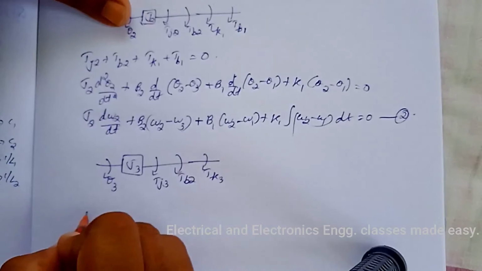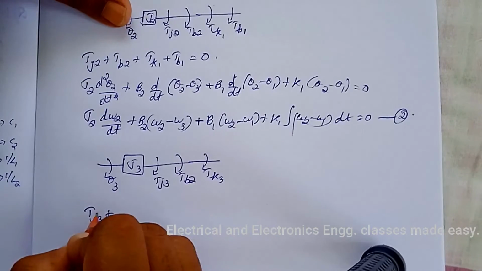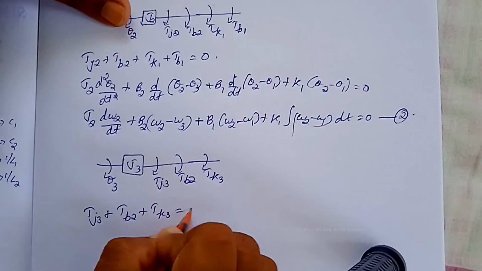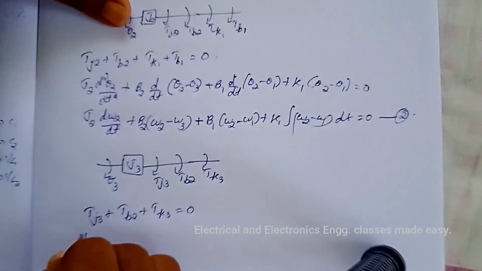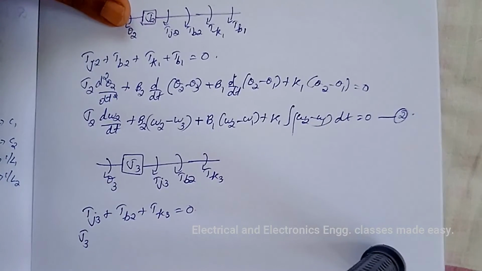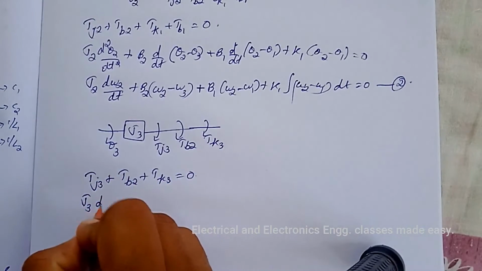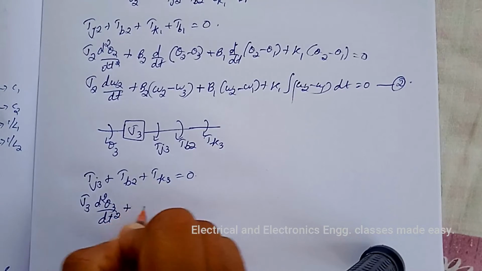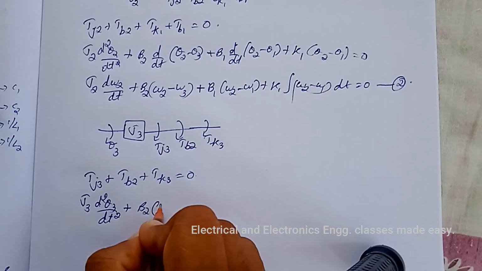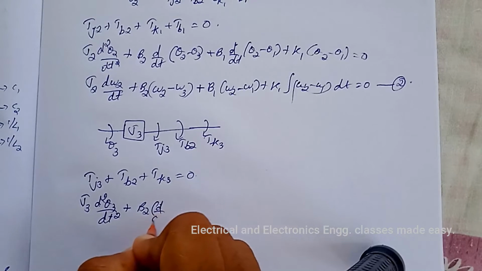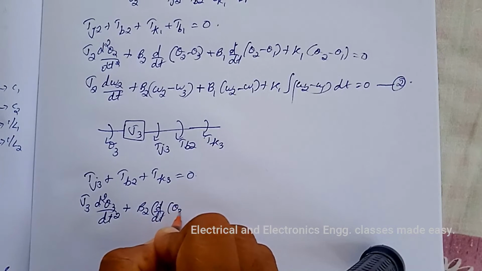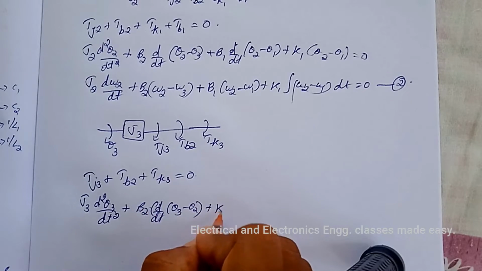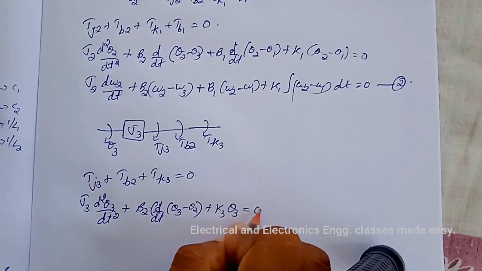So by Newton's second law we can write T J3 plus T B2 plus T K3 equal to 0, that is J3 d square theta 3 divided by dt square, then plus B2 into d by dt of theta 3 minus theta 2, then plus K3 into theta 3 equal to 0.